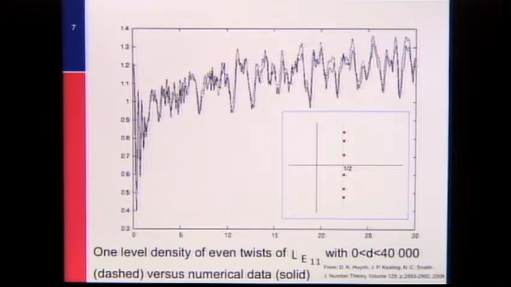The dashed curve is a prediction for the one-level density in this family. And I'm not going to say a lot about how it comes about. We heard in Brian's talk that there are conjectures for moments and ratios of L functions, and that the conjectures for ratios of L functions contain information about the statistics of zeros.